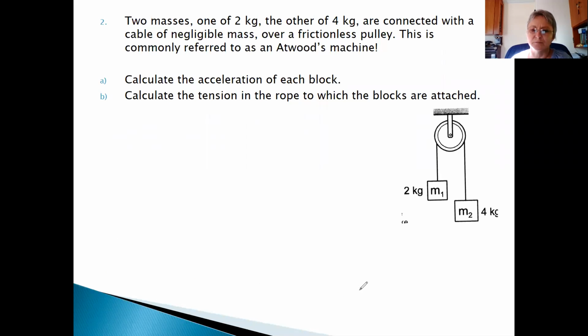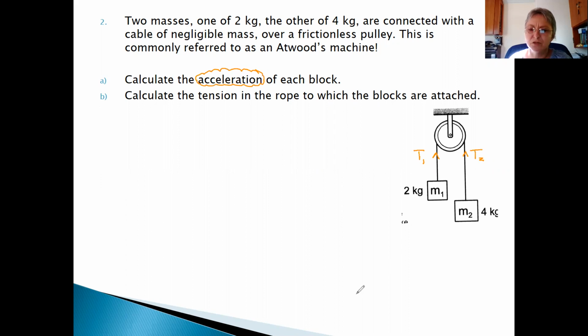Now, to do this, I need to acknowledge that acceleration is unknown and that the tension acts up here in the rope and down there in the rope, so the tension in this part of the rope and the tension in this part of the rope is exactly the same tension. It's just acting in opposite directions.